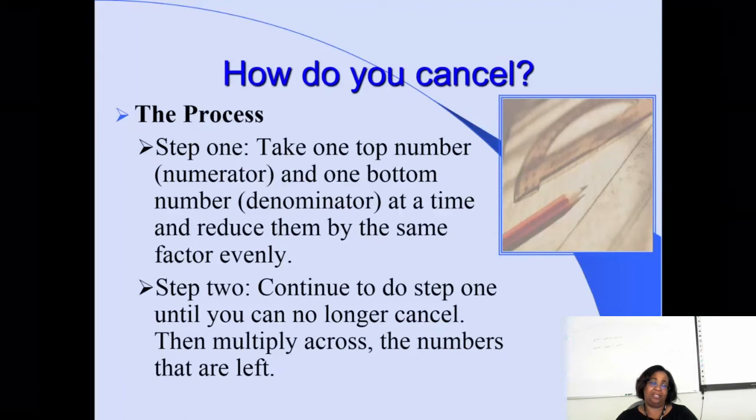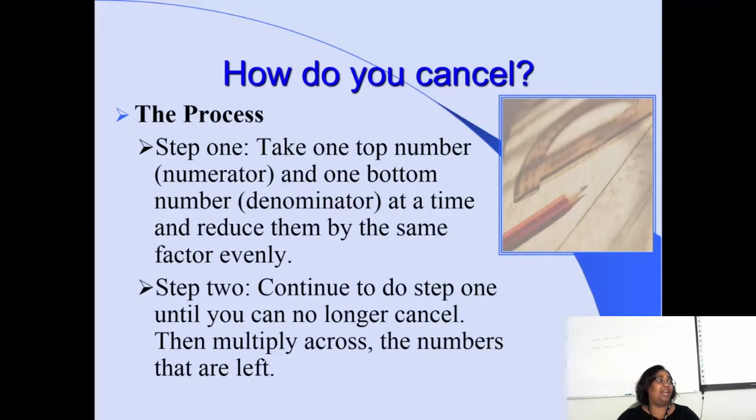Now this is the process. You take one top number, which is your numerator, and one bottom number, which is your denominator, and reduce them by the same factor. Now when we reduce, we have to divide, and we divide completely where there's nothing left over. That's the same as saying that we factor them evenly. After we have divided, you keep dividing until you can no longer divide.